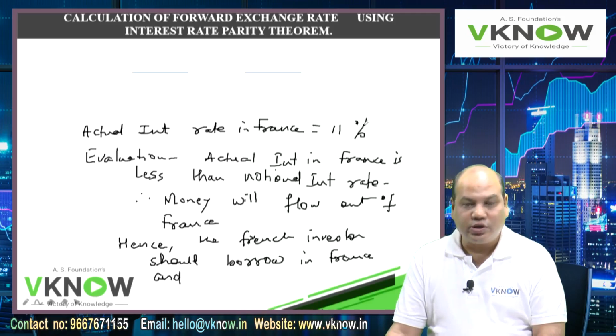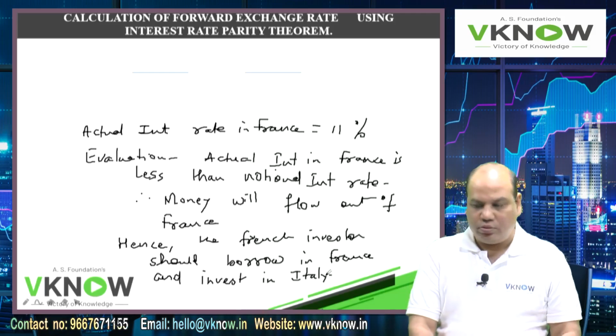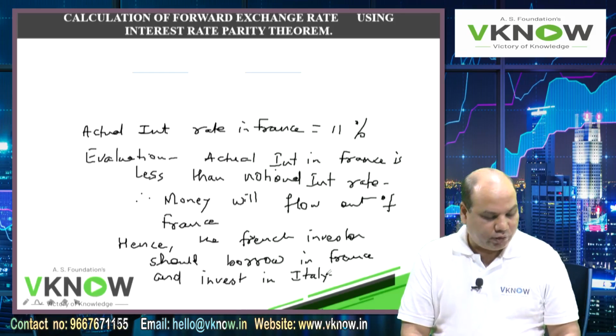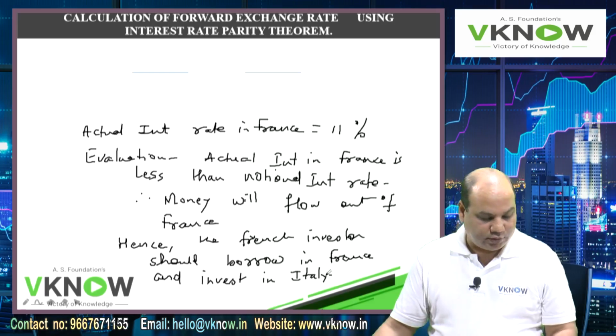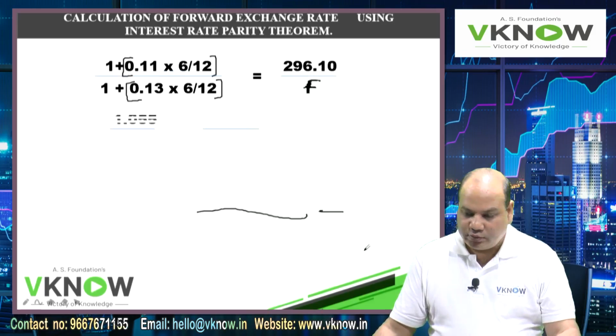Instead of 11.78%, you can borrow at 11%. The French investor should borrow in France and invest in Italy. So you have answered two questions in one line. Where should a French investor invest? Italy. Where should he borrow from? He should borrow from France. So this is the answer of this question number 1.